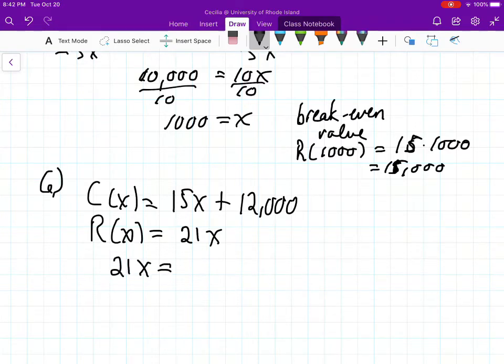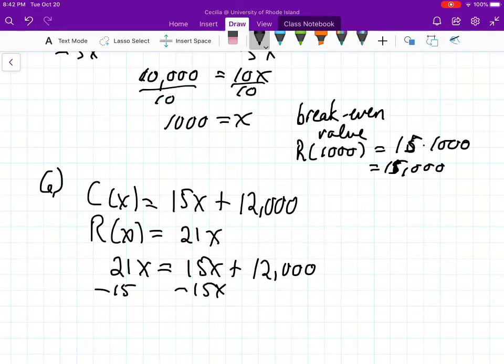So that would be 21x equals 15x plus 12,000. And subtracting 15x from both sides gives us 6x is equal to 12,000. And dividing both sides by 6 then gives us that x is going to equal 6,000.